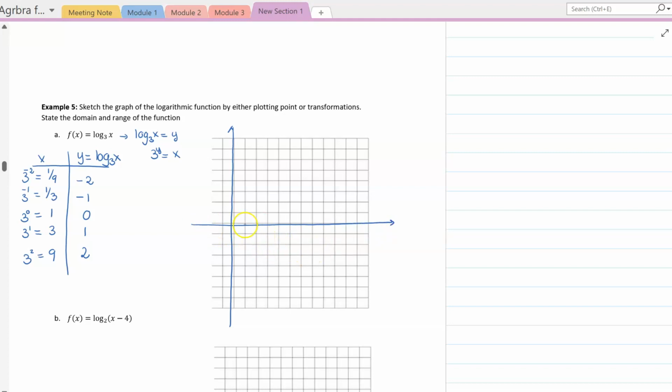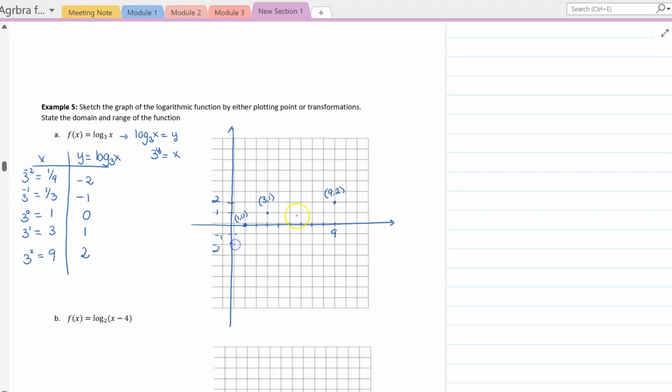So x go to 9. 1, 2, 3, 4, 5, 6, 7, 8, 9. When x equal 9, y equal 2. So let's label this point 9, 2. 3, 1. 1, 0. 1/3, negative 1. 1/9, negative 2.